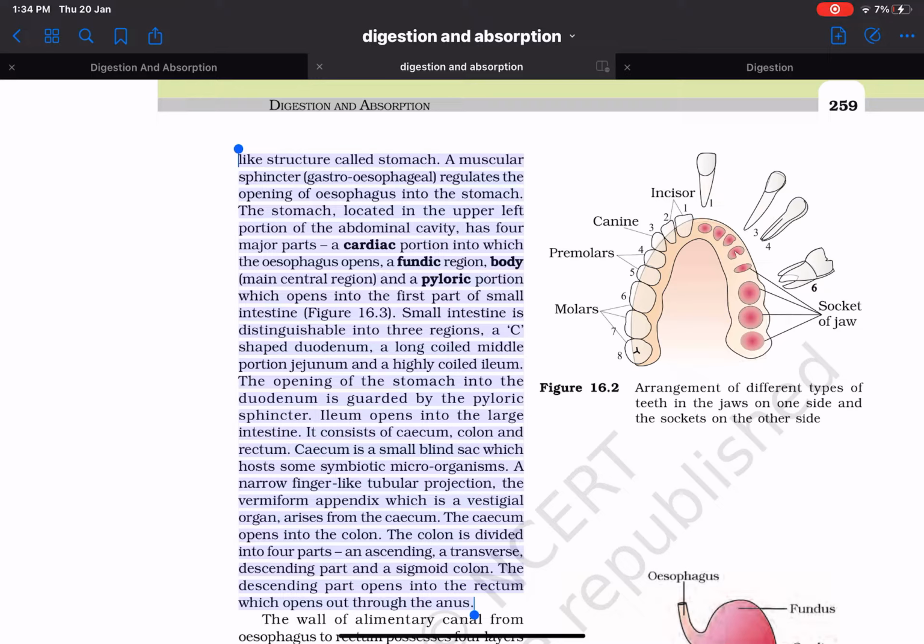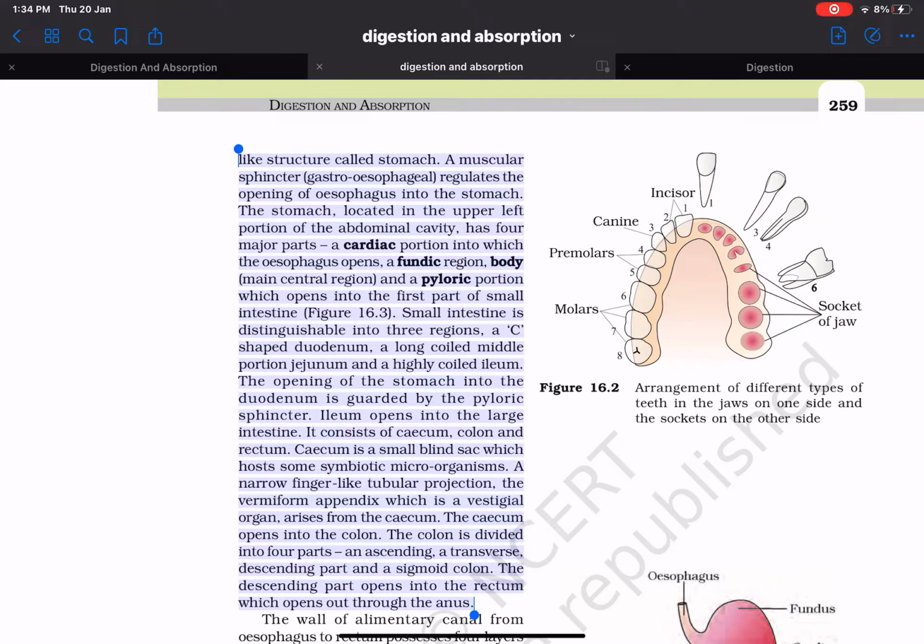Small intestine is distinguishable into 3 regions: a C-shaped duodenum, a long coiled middle portion jejunum and a highly coiled ileum. The opening of the stomach into the duodenum is guarded by the pyloric sphincter. Ileum opens into the large intestine. It consists of cecum, colon and rectum. Cecum is a small blind sac which hosts some symbiotic microorganisms.